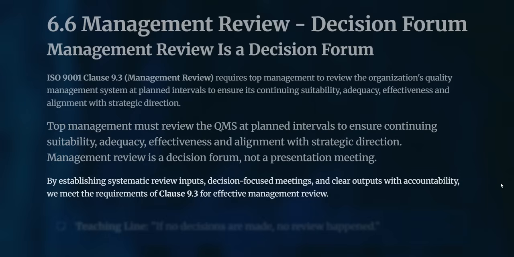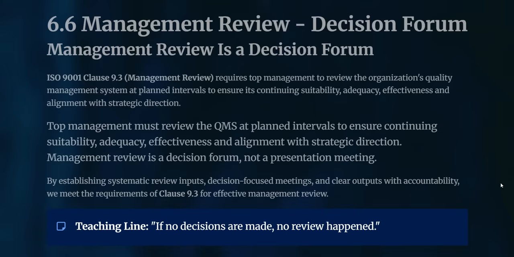By establishing a systematic review, which we will explore right now, decision-focused meetings, and clear outputs with accountability, we meet the requirement of Clause 9.3 for effective management review. The teaching line is: if no decisions have been made during the management review, we consider the review never happened.